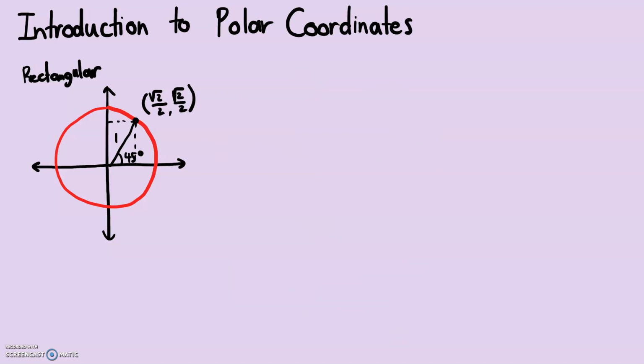So we are learning polar coordinates now, and the basics of polar coordinates are rho and theta. Rho is the distance. You can think of that as the radius, the distance to the origin.